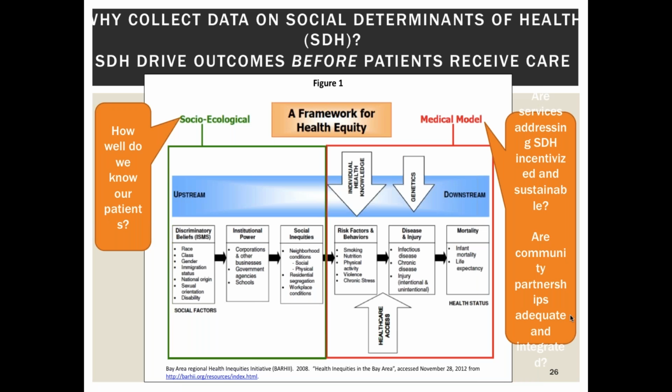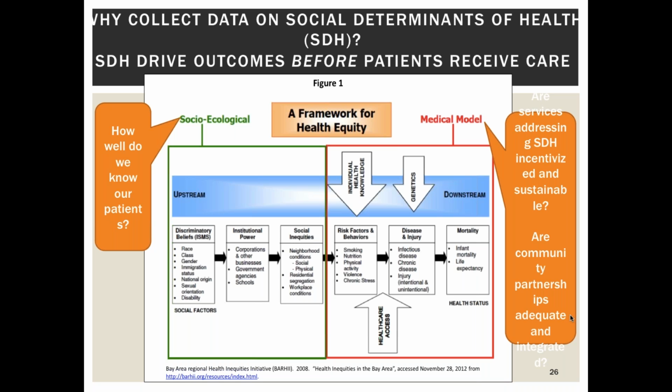So why is it important to focus on the social determinants of health barriers or risks for our patients? And that's because research has shown that individual social determinants of health barriers affect and drive the patient health outcome even before they enter the health center door.